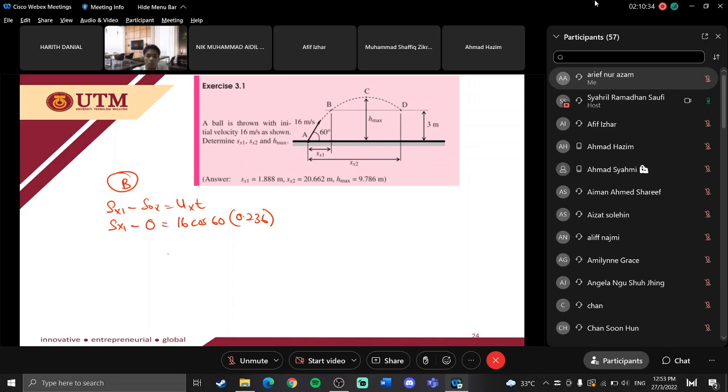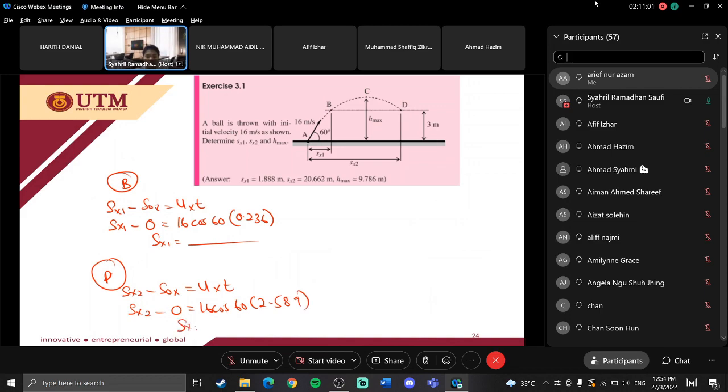Then you get your Sx1. And then you go for point D. Sx2 minus S naught x equal to Ux t, so Sx2 is unknown, 0, 16 cos 60, and the time here is 2.589. Then you get Sx2 in terms of meter.